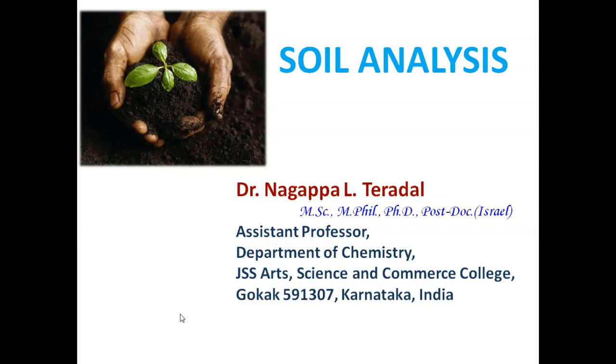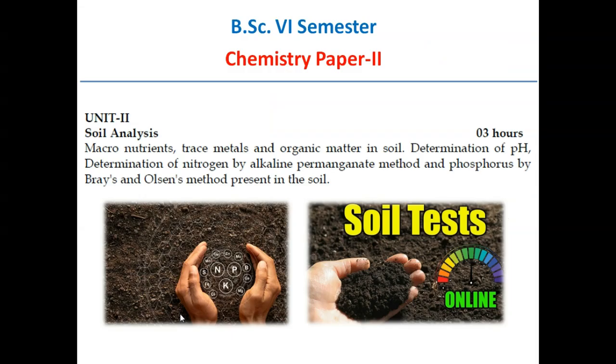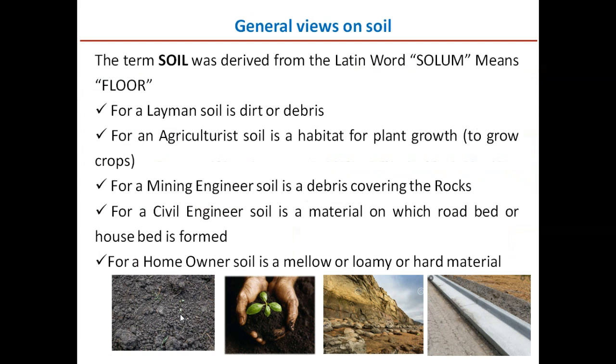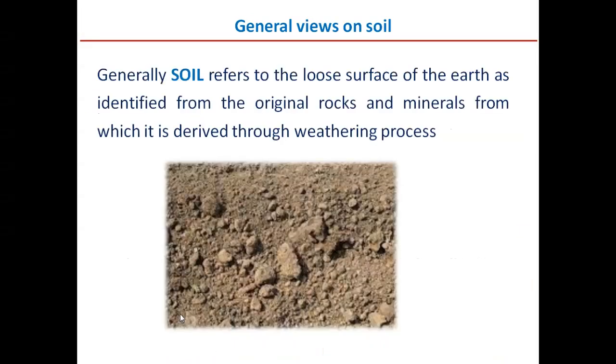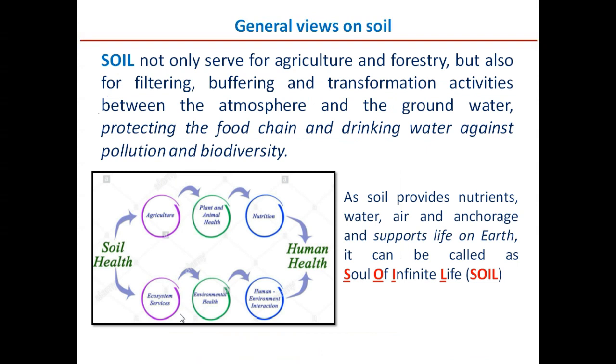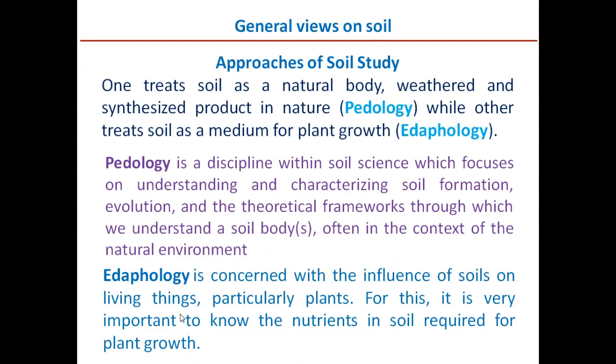Well, we started discussing soil analysis. There are various concepts like micronutrients, trace metals, organic matter in soil, determination of pH, determination of nitrogen by the alkali permanganate method, and so on. We started with some general views on soils: what is the definition of soil and how it is important, and what are the general approaches for soil study.